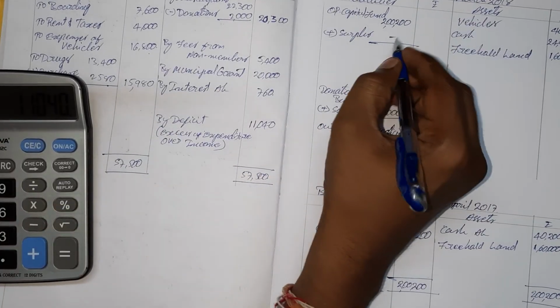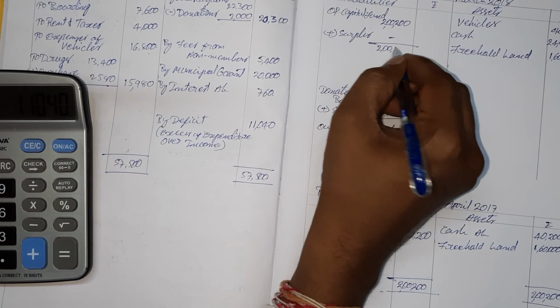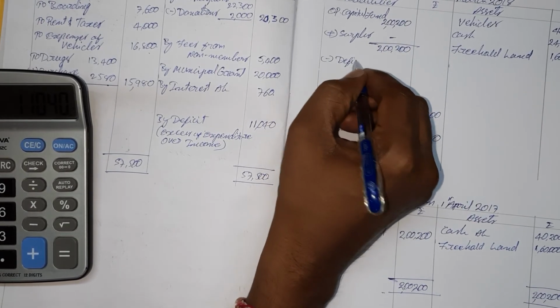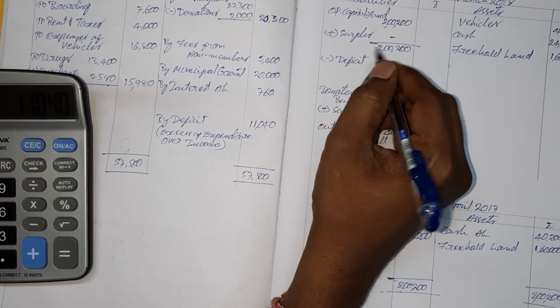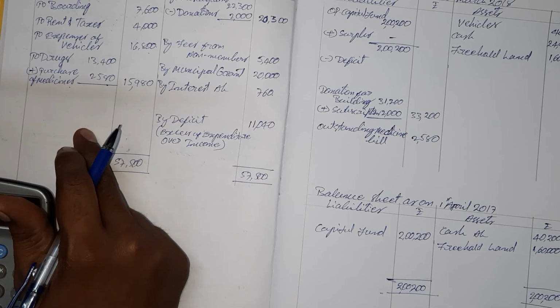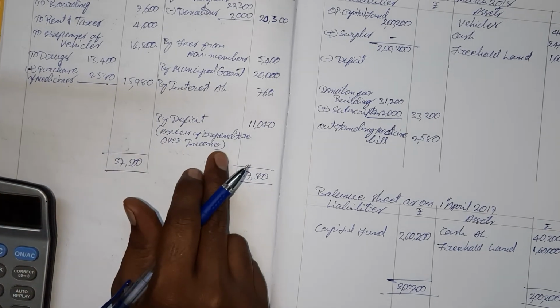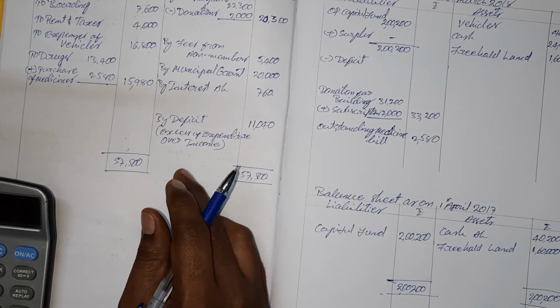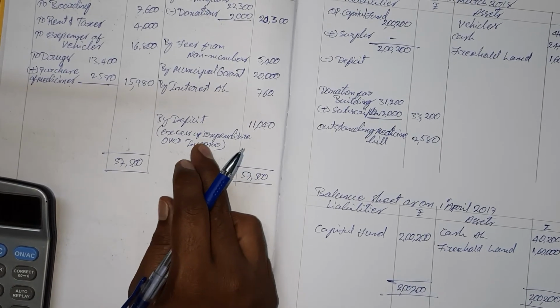If it is a surplus, we add it, but if it is not a surplus, then we deduct the deficit. The difference amount here is called a deficit: debit is more, expenditure is more, and income is less, so finally expenditure is more, no? So we can call it a deficit.